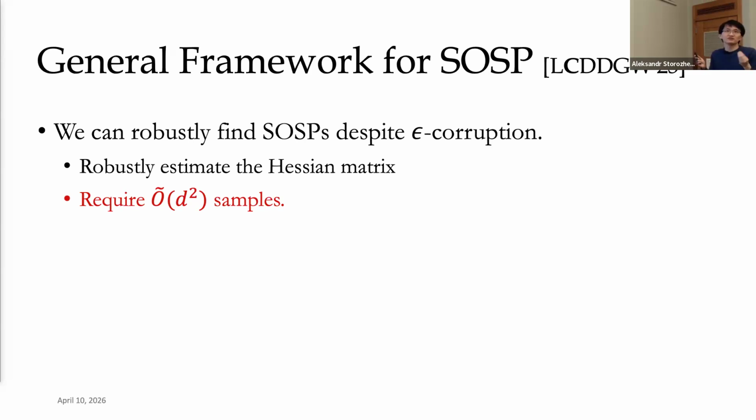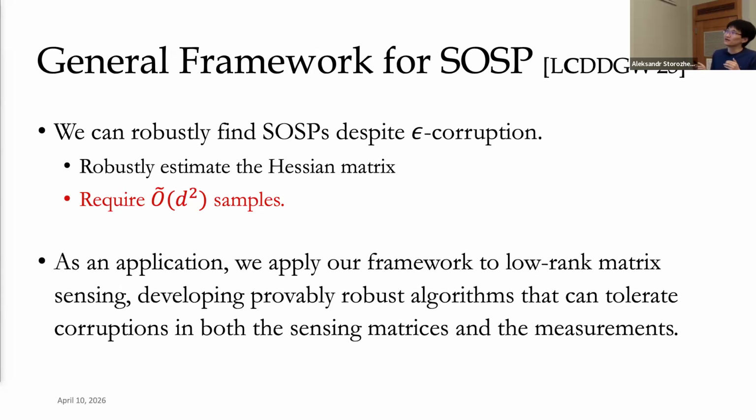You now have additional assumptions: you require the fourth moment to be related to the second moment in a certain way for this to work. But you can do it. You need these samples. There is a problem I really should have defined on this slide, called low-rank matrix sensing. For that problem, I don't really know how to solve it when an epsilon fraction of the input is corrupted. The only way I know how to solve it is by robustly estimating the Hessian.